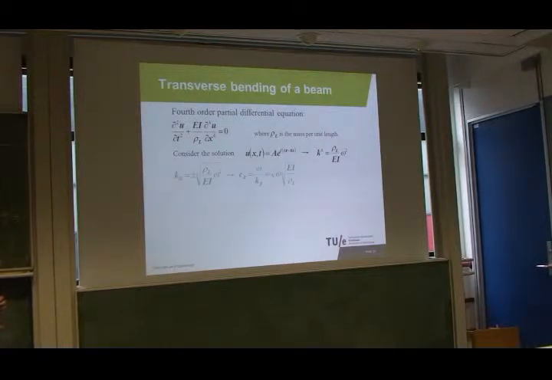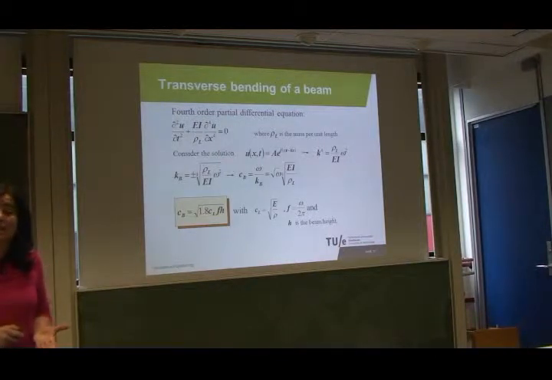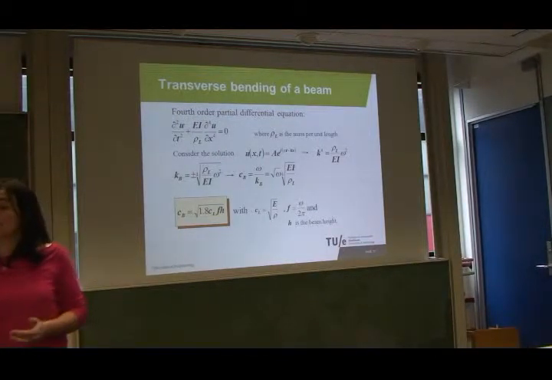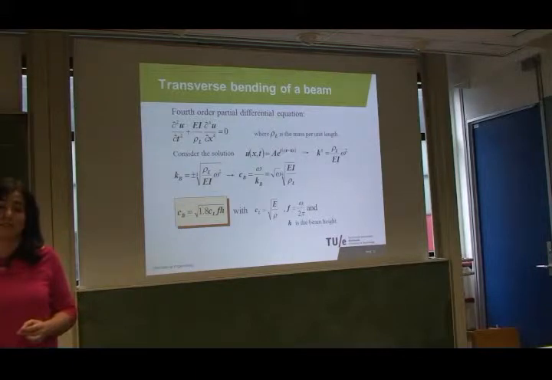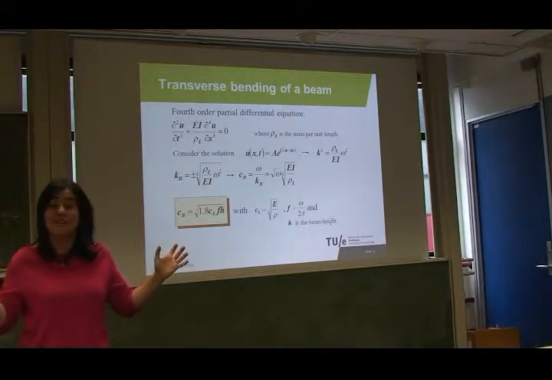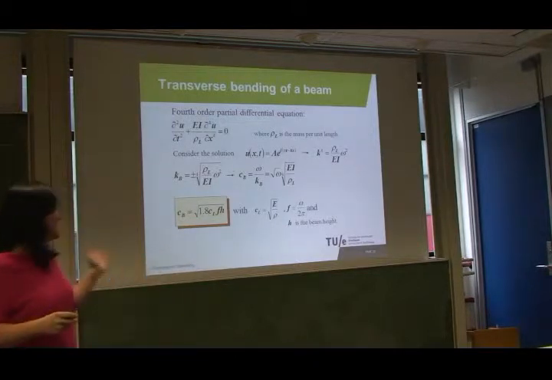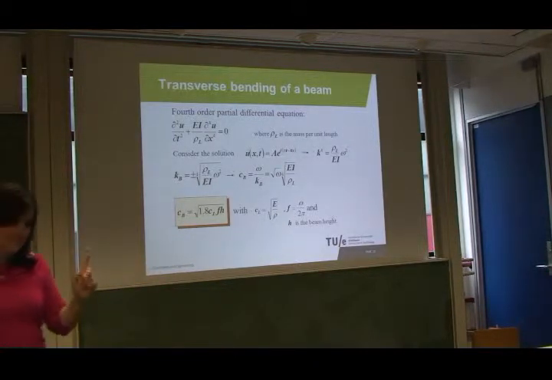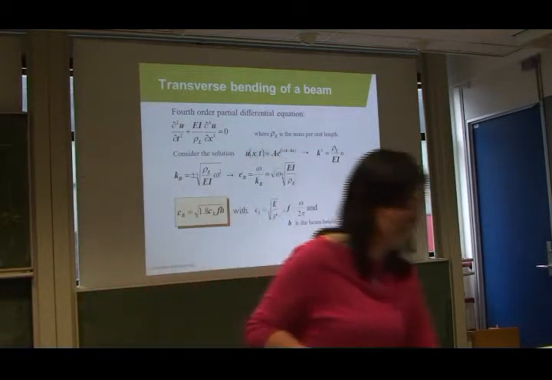And if we continue, to find this wave speed for bending waves, we see this square root of omega there. So what we find is that for bending waves in beams, the speed depends on frequency. So it's not constant anymore. That is the essential difference between a string, constant velocity, and a beam, not constant, frequency dependent.